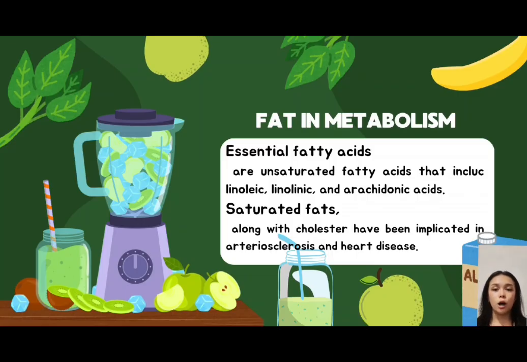These fatty acids are important because they support normal growth and development, keep the brain and nervous system healthy, help reduce inflammation, maintain healthy skin and body tissue, and support heart health.